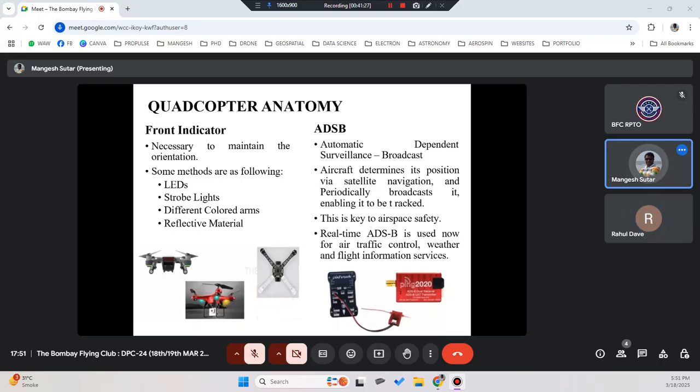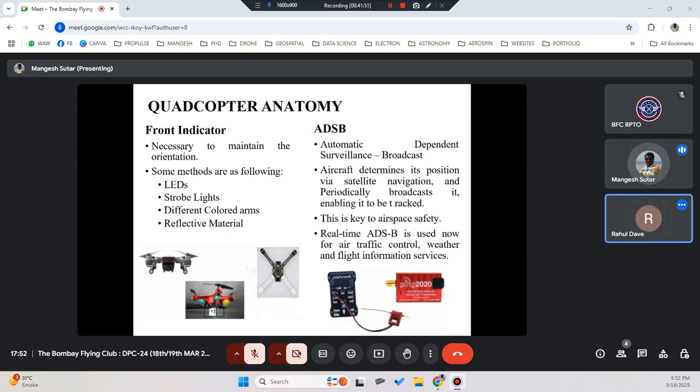When we are flying a drone in airspace with manned aircraft, it becomes mandatory. As of now, we are limited to 400 feet for flying drones, so this is not mandatory. But the moment you reach a BVLOS condition and you are flying in manned airspace, it becomes a security and safety issue. Then this will become mandatory.